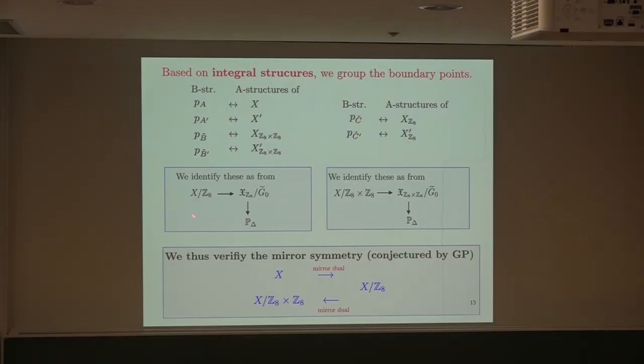So that means they should be identified with this one. So, from this side, the mirror should be these two, both X and the quotient. Both X and the quotient appear from this side. And then for this side, integral structure. So I am considering this family. And then two, or if we forget the birational model, then just one boundary point I can see.